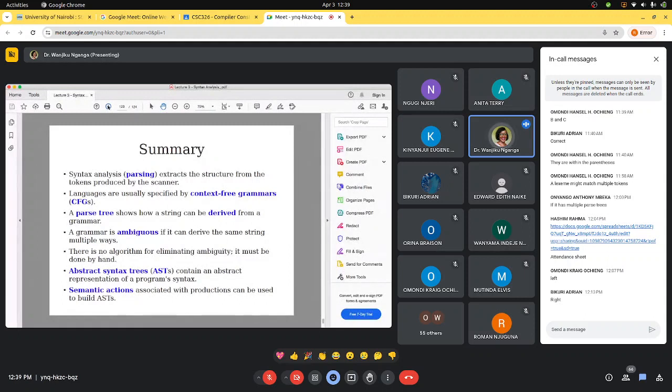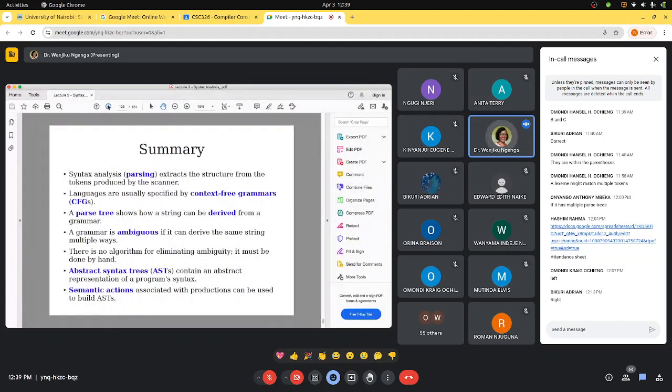We've talked about ambiguity, and today we really extensively talked about ambiguity and the different sources of ambiguity. Could be lack of specifying operator precedence or associativity, and just the way we write our productions. And we've said that for programming languages, ambiguity is totally unwanted and we would have to rewrite our grammars to eliminate any source or form of ambiguity.